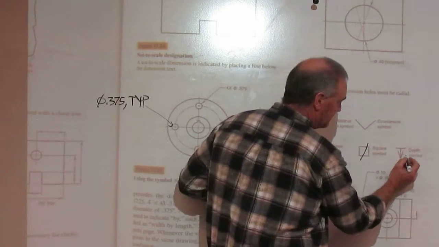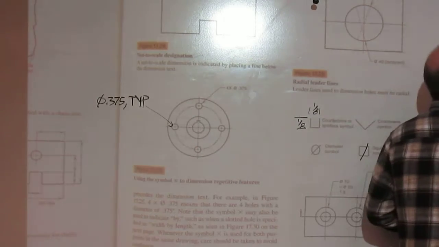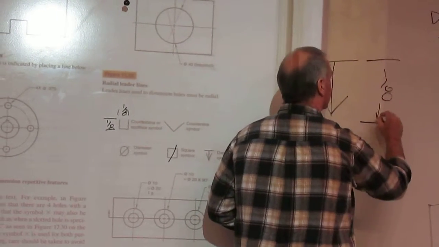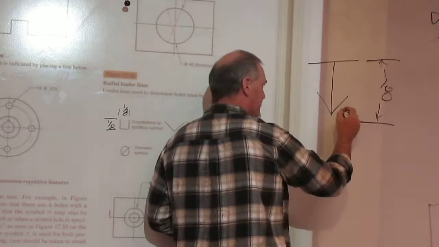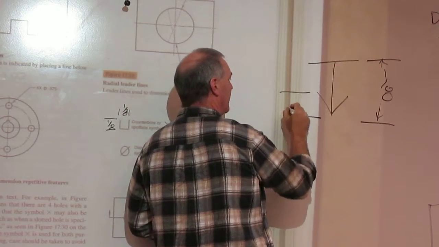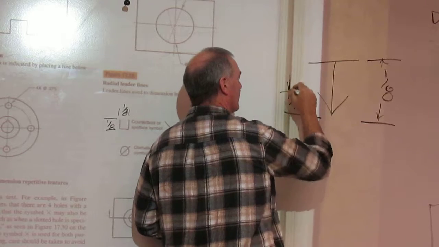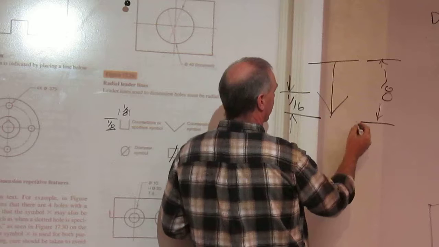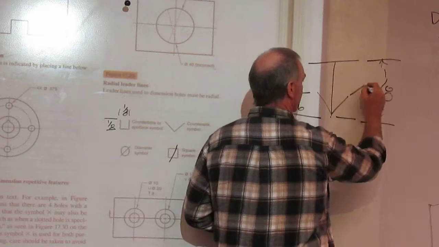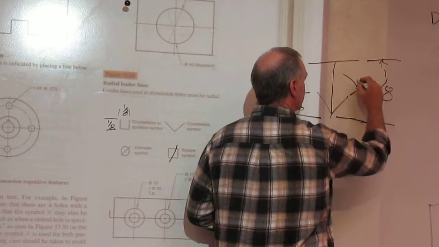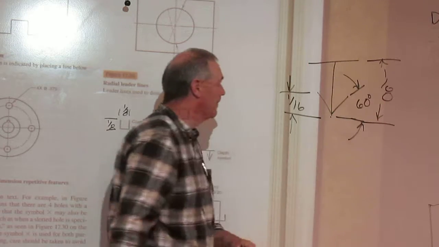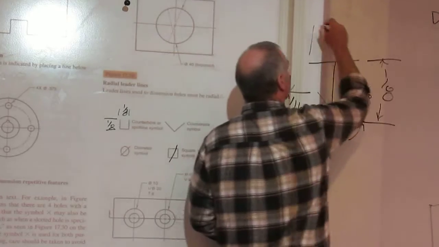This guy right here, if you want to write down some information on how to do a depth, that's an 1/8 there. This dimension right here is a 16th. And then this angle, I kind of took it away. It's 60 degrees, and it's an 1/8 wide too, right here.